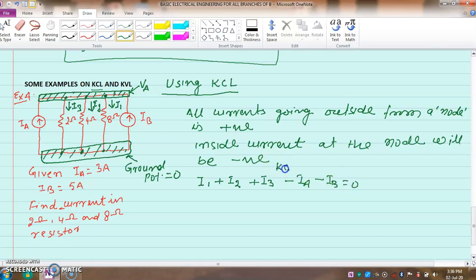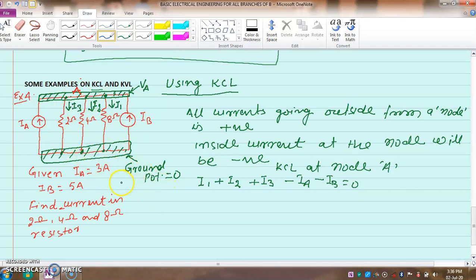This is KCL at node A. Suppose this is your node A. I am writing this whole as node A. So KCL at node A will be the sum of all the currents at a node is 0. This is the equation that I have written here.